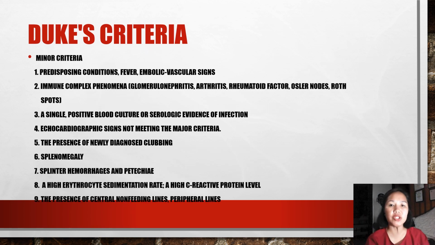A modification of the Duke criteria may increase sensitivity while maintaining specificity. And this is the reason why they have increased the number of minor criteria. So there are 9 minor criteria, and you can just read this one.